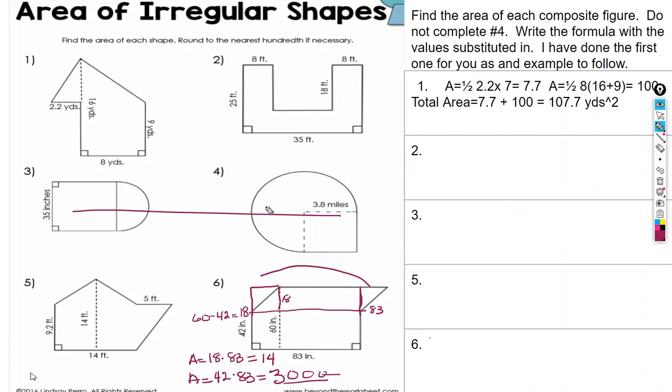Okay, so that's my challenge to you, is try to discover the shapes within the composite shapes that you can solve area for, and be able to glean or understand or find those missing lengths or heights or bases based on the other information in the shape. I hope that this helped a little bit.